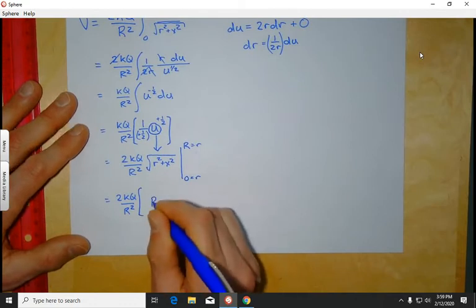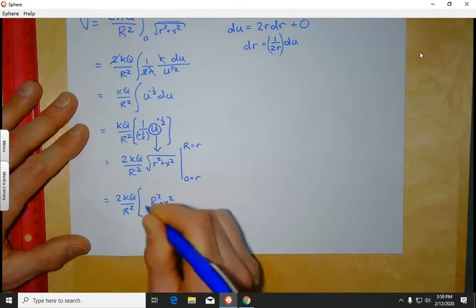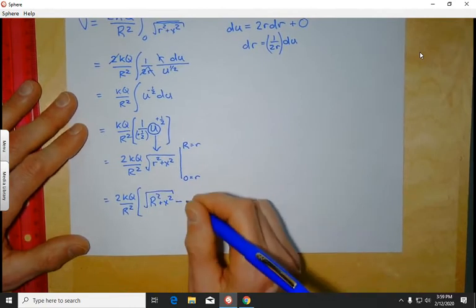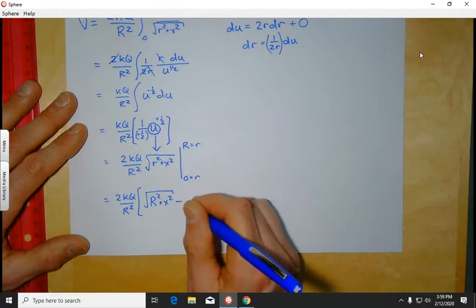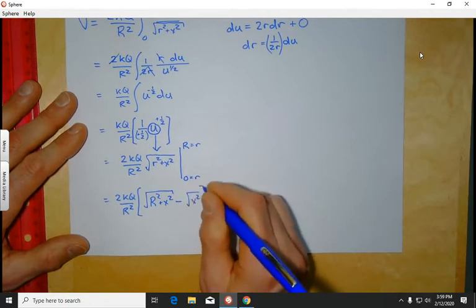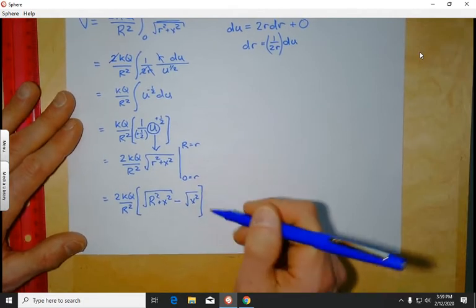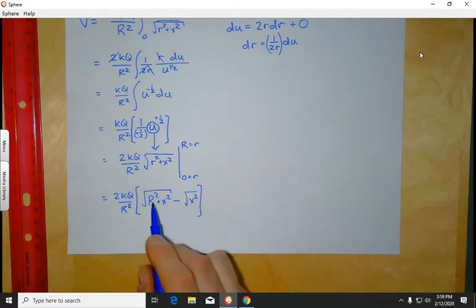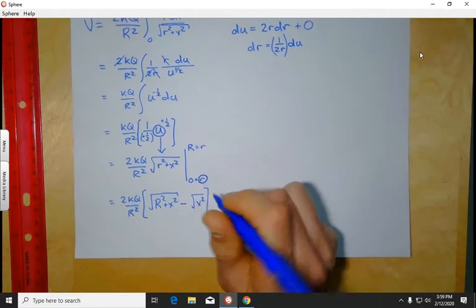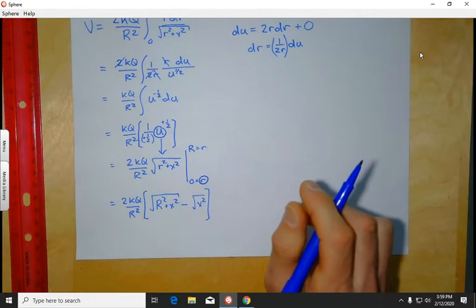So we'll have this minus the initial, 0 squared plus x squared, and there we've taken care of our endpoints. So it's final minus initial. Remember, r is the variable, and you're plugging in 0 and uppercase R.